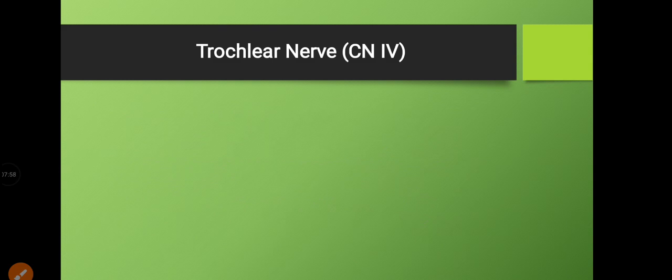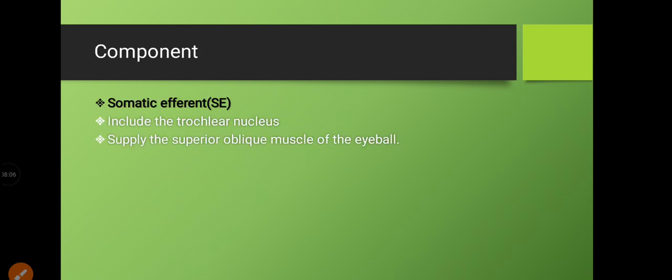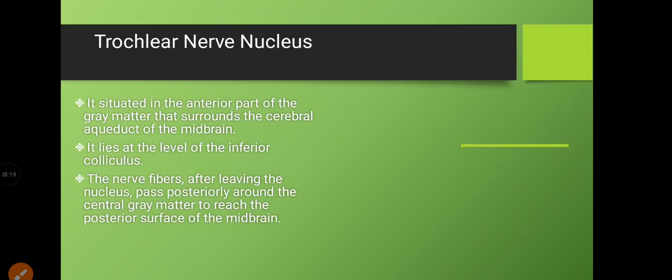Cranial nerve number 4 is the trochlear nerve. The trochlear nerve has only one component, which is somatic efferent. It includes one nucleus, trochlear nucleus, which supplies the superior oblique muscle.